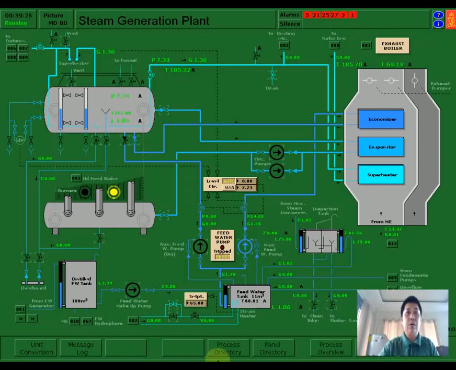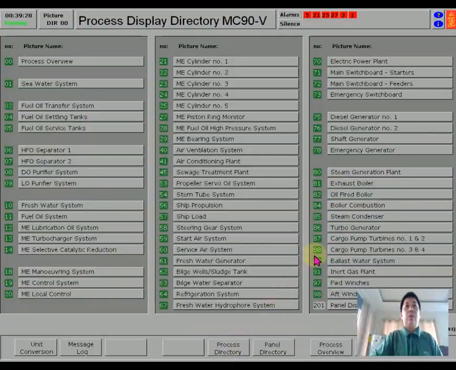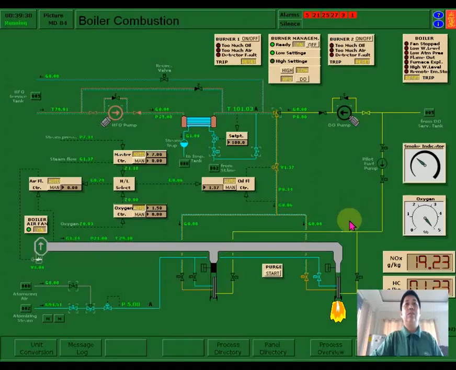So we'll check the burner. Your burner still continues firing. We have also another airflow control here, the airflow control of your boiler air fan or forced draft fan.